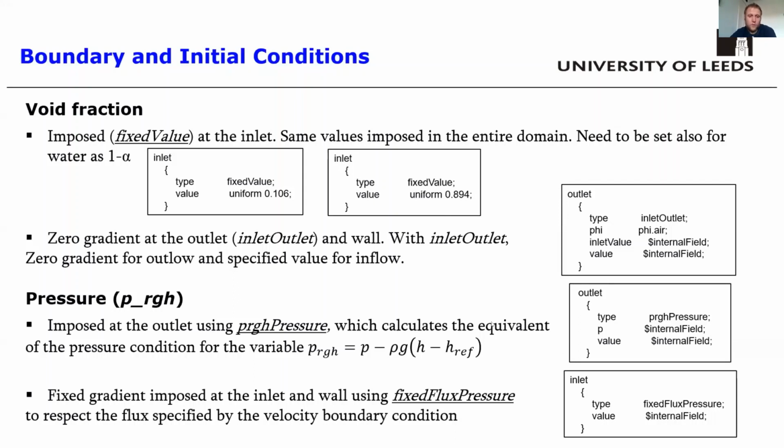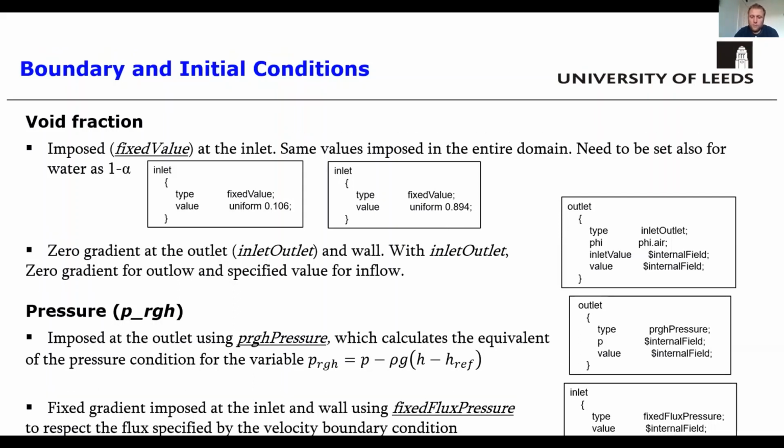Maybe I will show the file. So we have the fixed value at the inlet. At the outlet, we use this inletOutlet boundary condition, which is the same as before for the velocity.